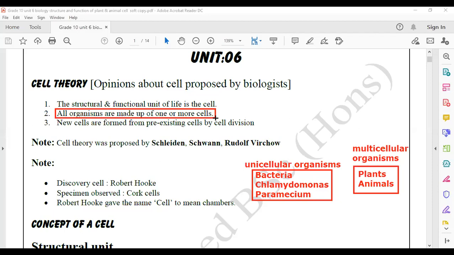Are you okay with these two statements? Good. Let's come to the last statement.